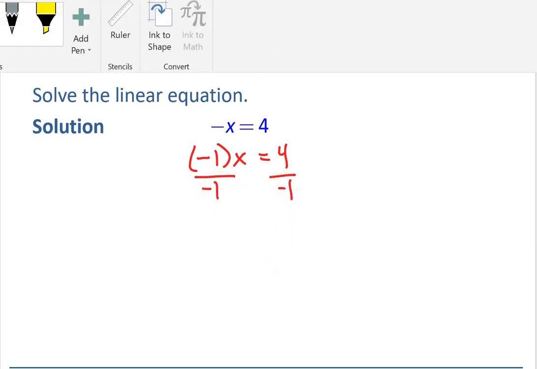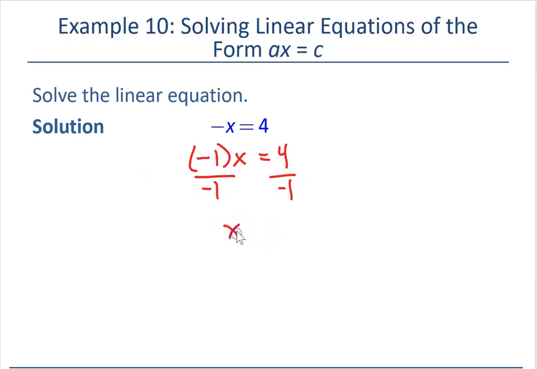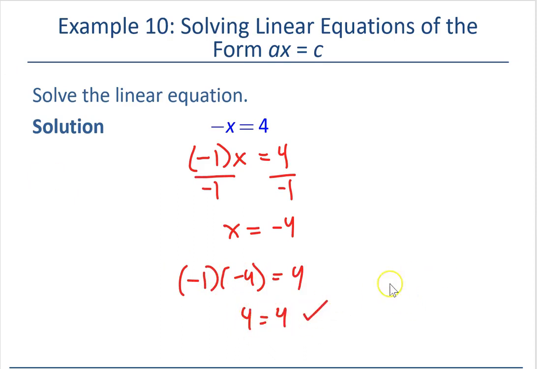That gives us a final answer of x equals negative 4, which makes sense because if I put in negative 4, negative 1 times negative 4 equals 4. Negative and negative is positive, so I get 4 equals 4, and it works out just fine.